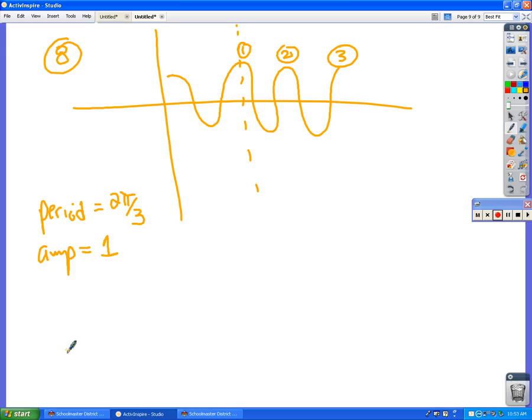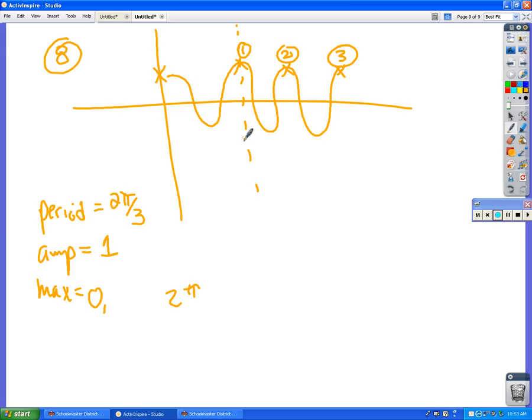Where do the maximum values happen? On the x. So what are the x values here, here, here, and here? 0. I'll do 0 and 2 pi. Is that 2 pi over 3, right? Because that's how long it takes for it to complete one cycle.